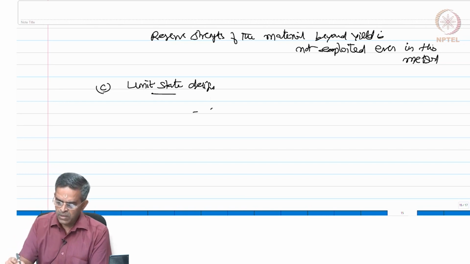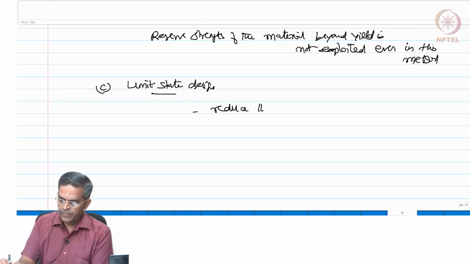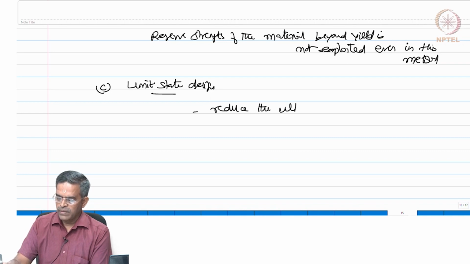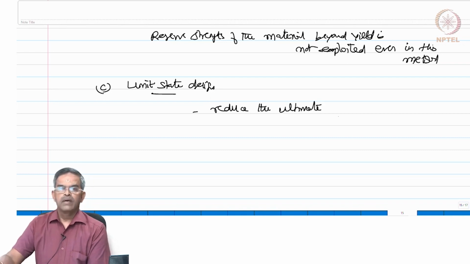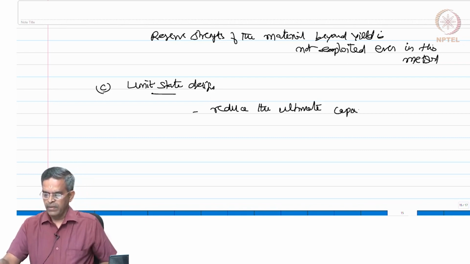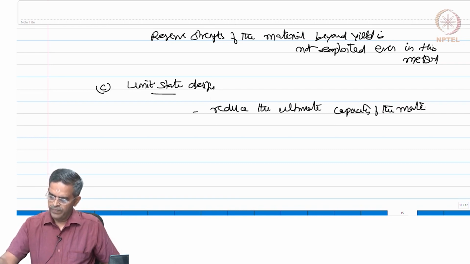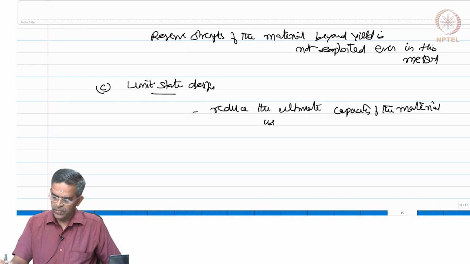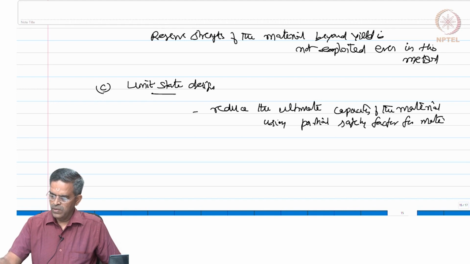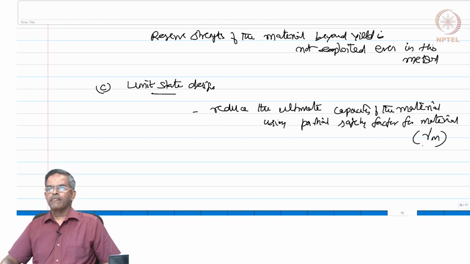So, what we do is we reduce the ultimate capacity of the material using a partial safety factor for materials, which is generally indicated as gamma m.